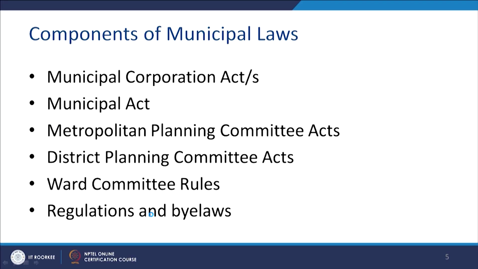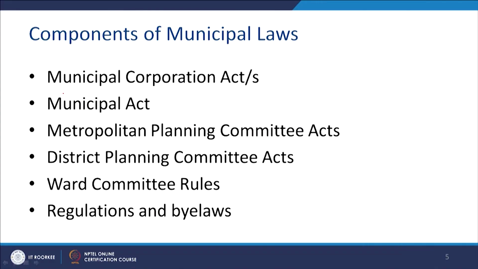In a typical municipal setup of a state government, there are various kinds of municipal acts and legislation. So, let us see one by one. The first level of the municipal act will be the Municipal Corporation Act.